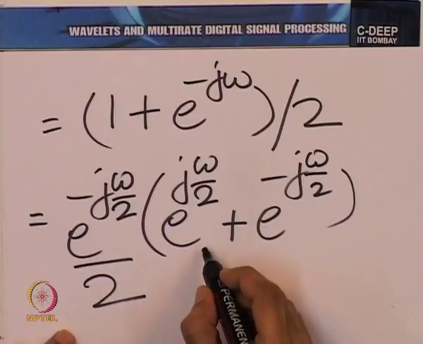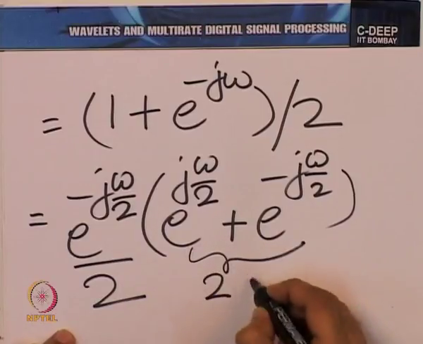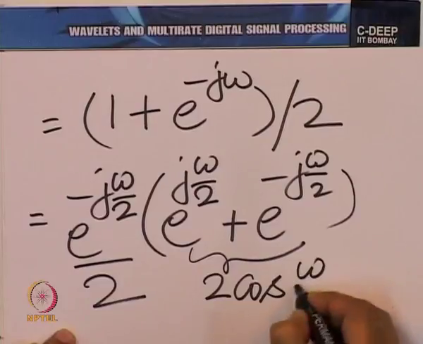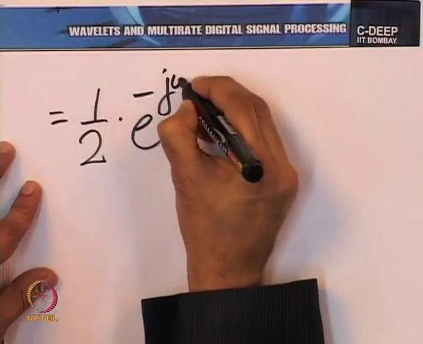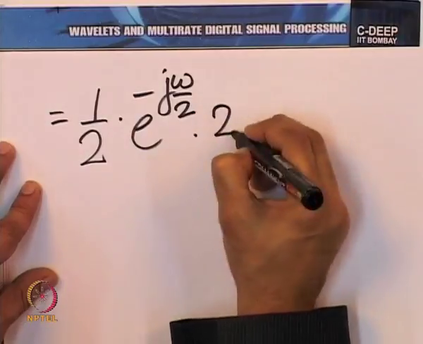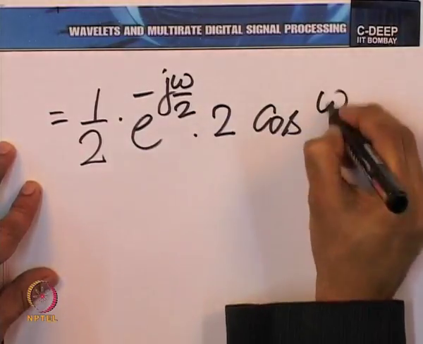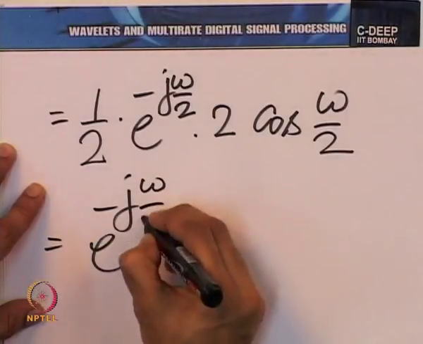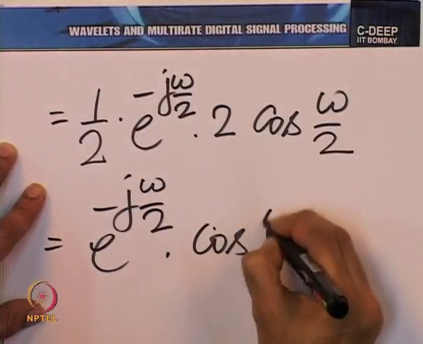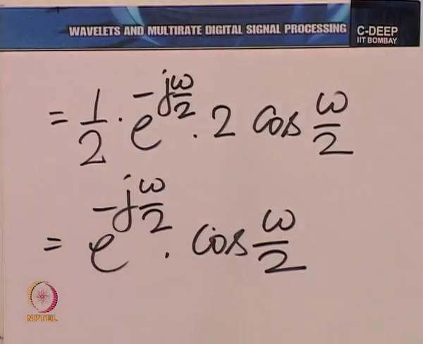Now, recognize that this bracket is essentially 2 times cos omega by 2, and therefore we have half e raised to the power minus j omega by 2 times 2 cos omega by 2, which gives us e raised to the power minus j omega by 2 times cos omega by 2. This is the frequency response.